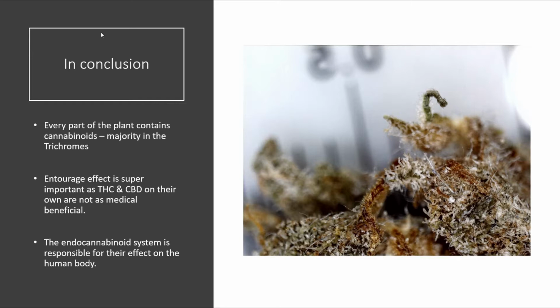The endocannabinoid system as well is responsible for the effect that these cannabinoids and terpenes have on the human body, and essentially it's not the plant or the humans that were designed for this to occur. It's just random chance based on nature. Essentially these chemical structures occur in nature in certain ways that are optimal.